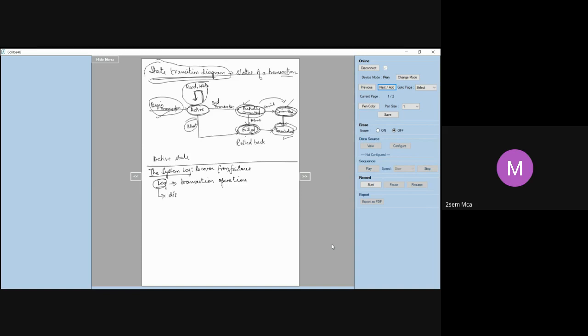The log is always kept on the disk, so it is not affected by any type of failure except a disk failure itself. If there is a major disk failure, then you will lose the log also. Otherwise, the log is kept on the disk so that it doesn't get affected by any other kind of errors or failures.